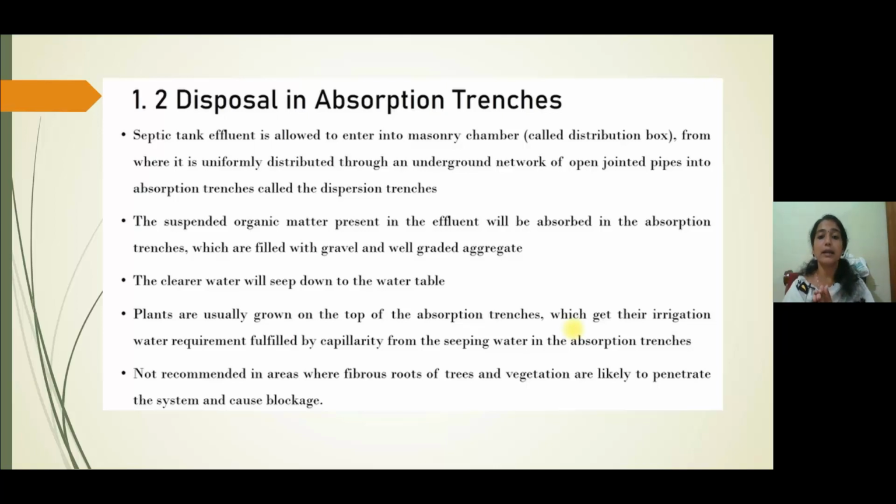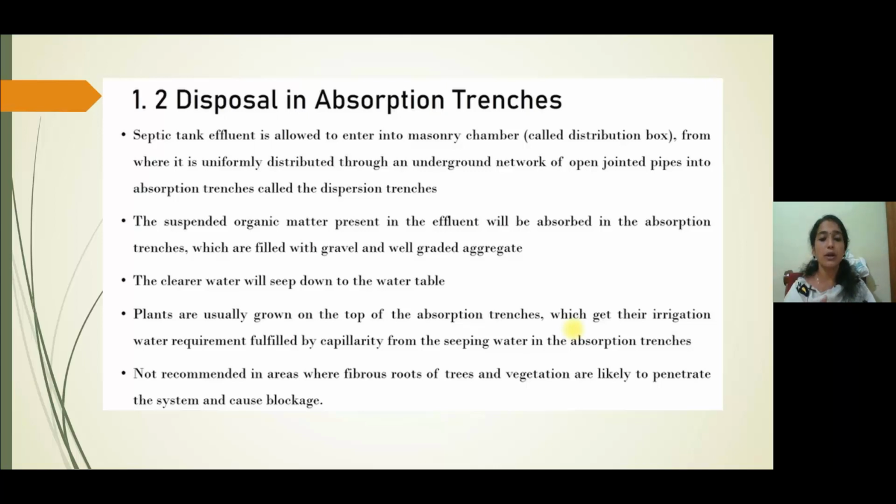The suspended organic matter present in the effluent will be absorbed in the absorption trenches, which are filled with gravel and well-graded aggregate. Clearer water will seep down to the water table, and the plants surrounding this trench area will grow faster because of this water coming by capillary action.